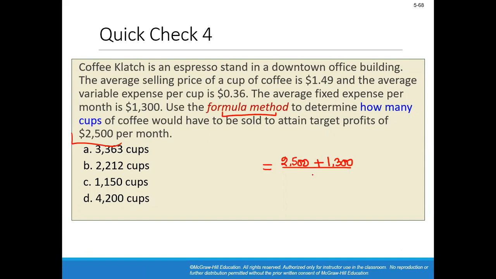If I'm not wrong, it is probably 0.758. That was the answer in the quick check, the difference between 1.49 and 0.36, sales price minus variable expense, divided by sales price 1.49. So I need to get this number, and that is the response to the question which has been asked here. How many cups of coffee have to be sold to attain a target profit of 2,500 per month?